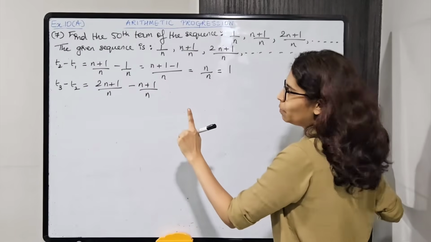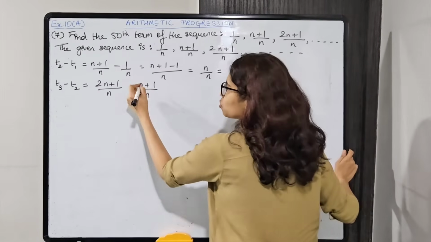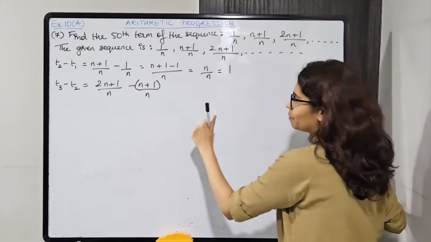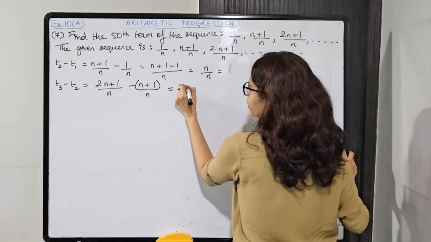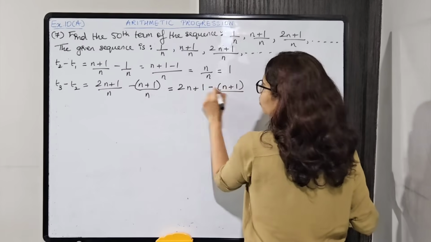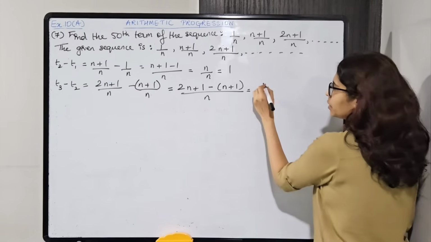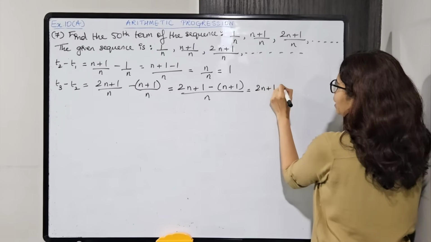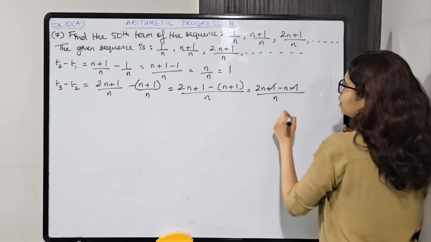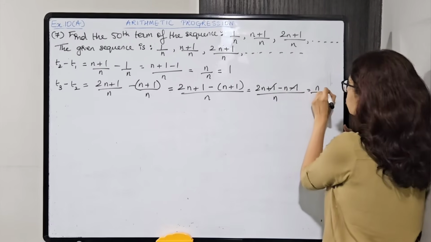Here be careful because there is a minus sign and you have more than one term, so put it in brackets, because the signs will change. So 2n plus 1 minus n plus 1 upon n, common denominator. Now open the brackets: 2n plus 1 minus n minus 1 upon n. 1 and 1 cancel. 2n minus n is n. So again 1.